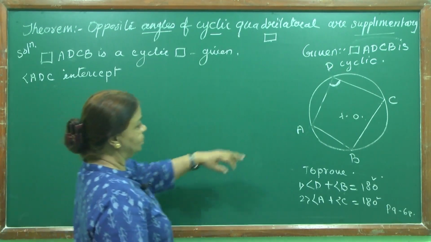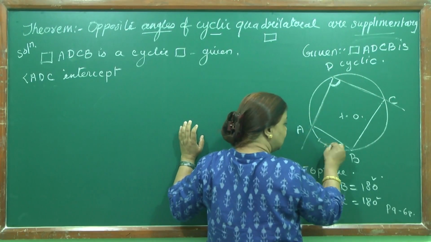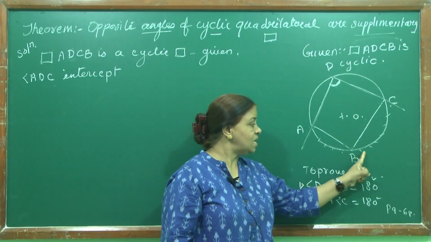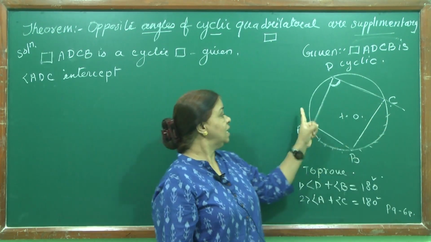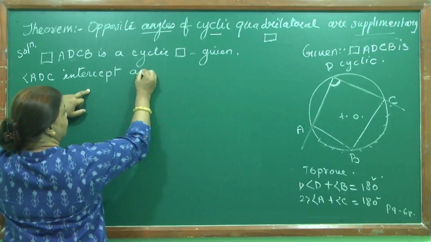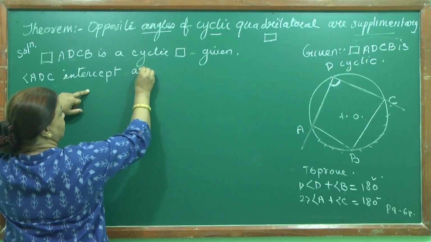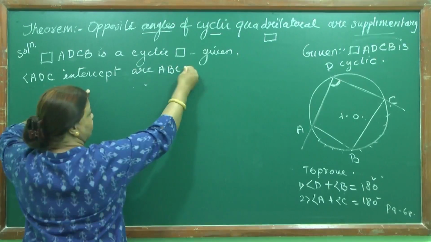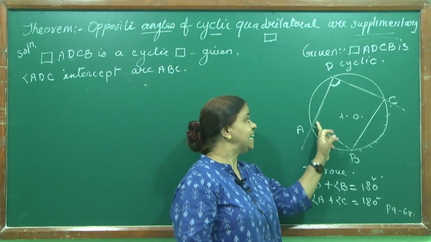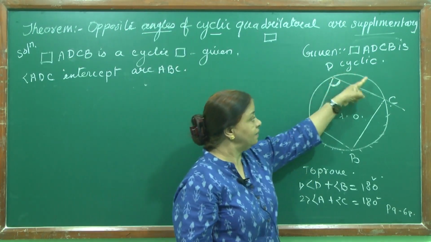Angle ADC intercepts means the side of this angle and the side of this angle cover this arc. That means arc ABC is intercepted by angle ADC. And why is it intercepting? Because angle ADC is inscribed in arc ADC.